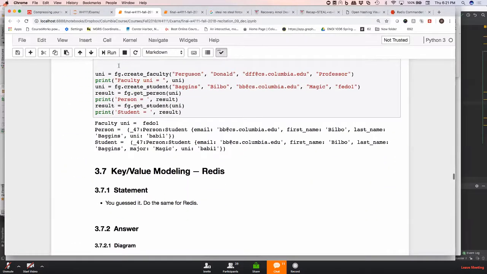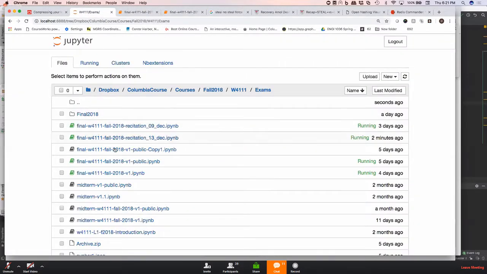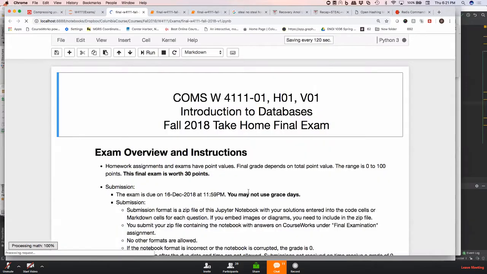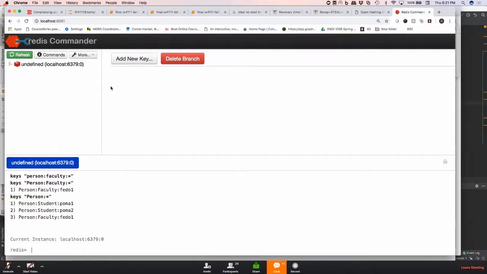If you go back to Redis Commander, you can see that.